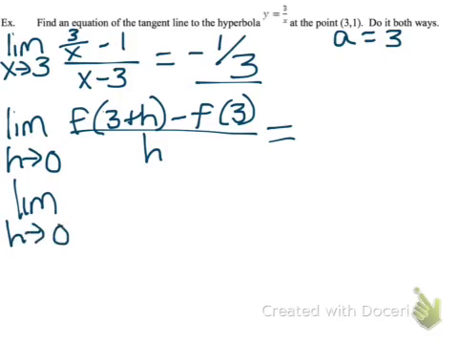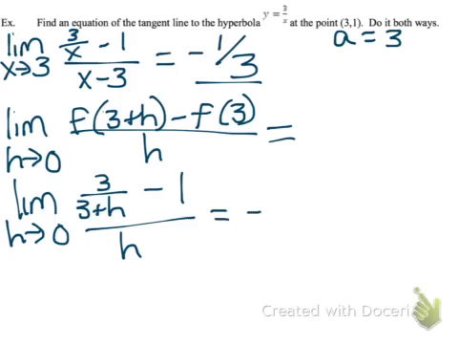Plug that in, and I would get 3 over 3 plus h, that's f of a plus h, minus 1 over h. Common denominator, you get the h to cancel, then you can plug 0 into the equation, and you also should get negative 1/3. You should be doing that out in your note sheet, both of them, as practice.